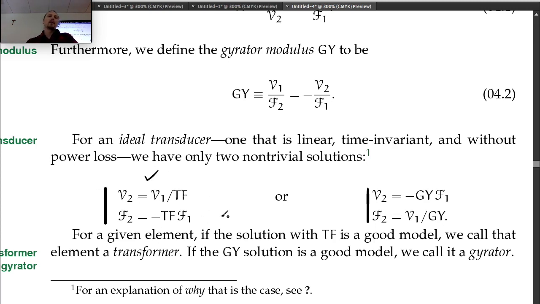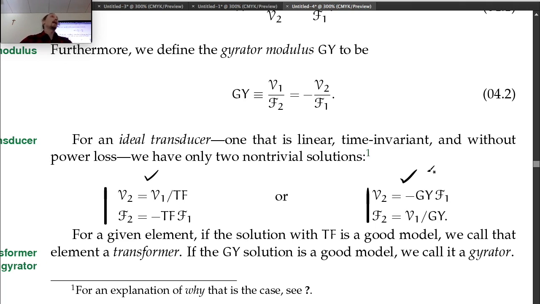This is the transformer model with the transformer ratio in it. And if instead your across variable on one side is related to the through variable on the other side, and the through variable on the first side is related to the across variable on the other side, then you are better off using the gyrator model, which is a model of that case.